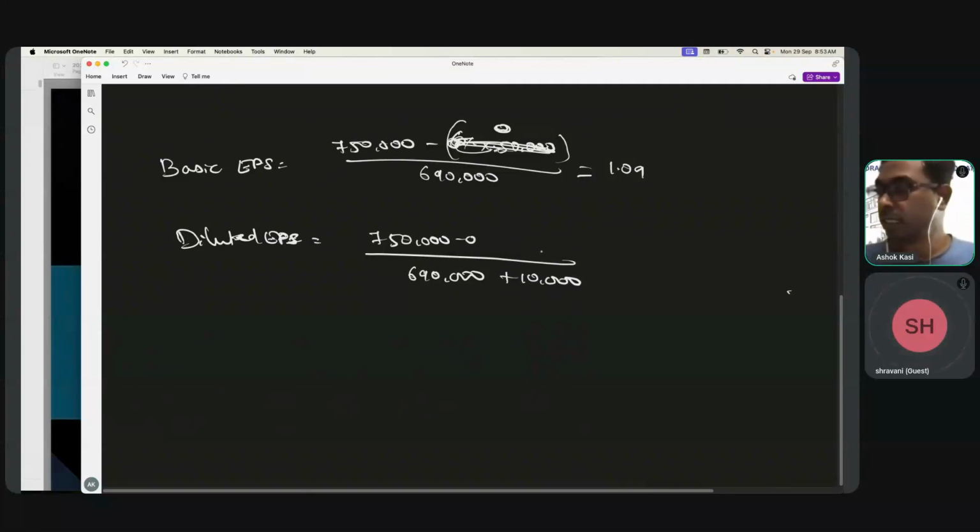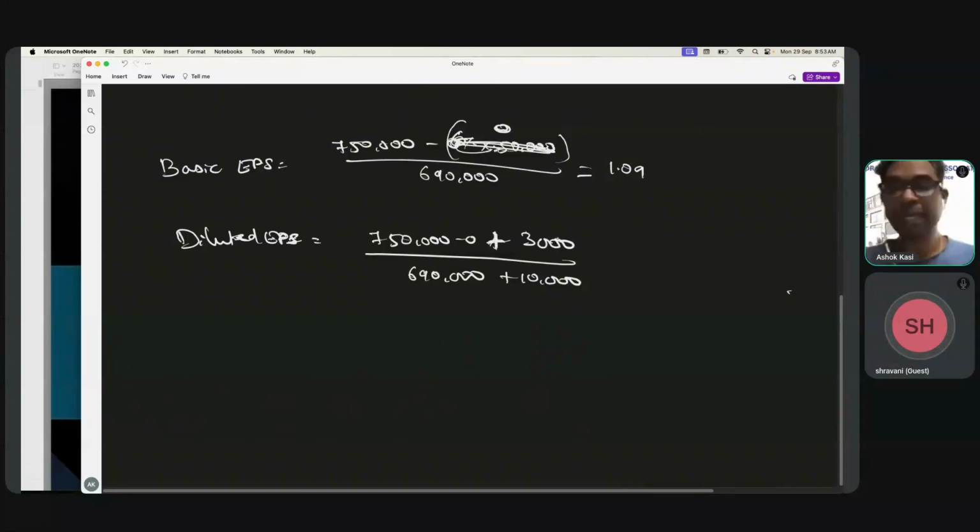Now when I create 10,000 new shares, I don't have to pay interest. How much interest do I not have to pay? That will be 6% of 50,000. Just calculate how much that is. 3,000. So that will be the addition.